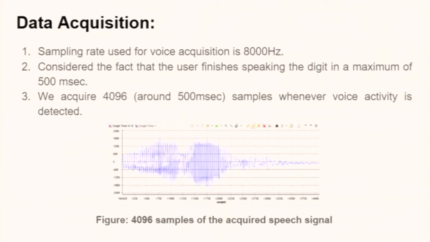That is one of the assumptions we have made. Also, since the sampling rate is 8K, we capture 4096 samples, since the buffer length is approximately 512 milliseconds, whenever voice activity is detected. You can see a snapshot of the speech signal that has been detected here.